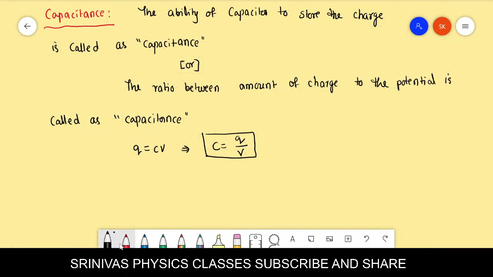And what is the unit of the capacitance? The SI unit is the farad. Farad is the unit of capacitance.